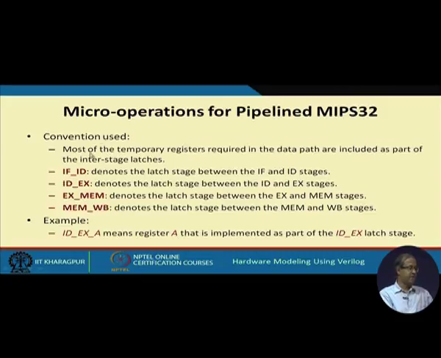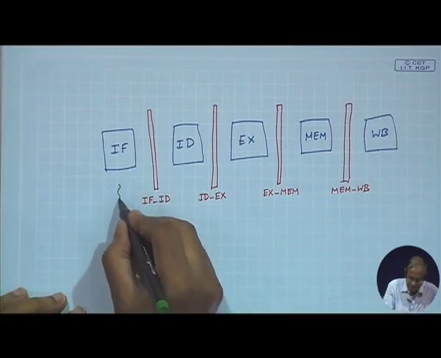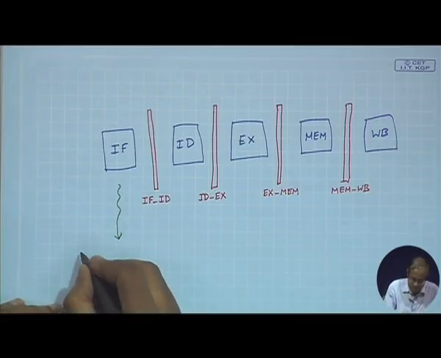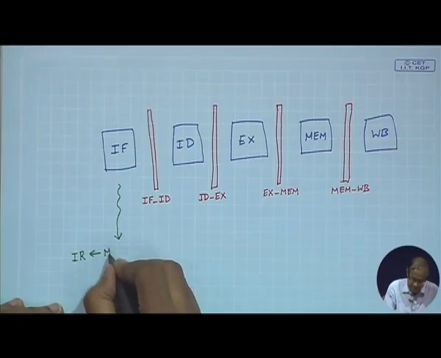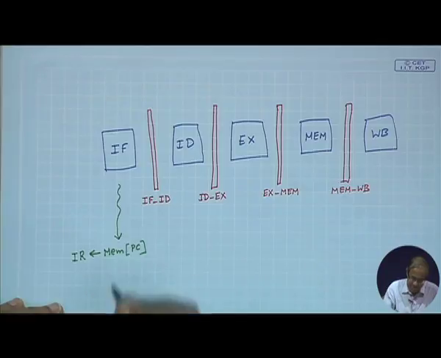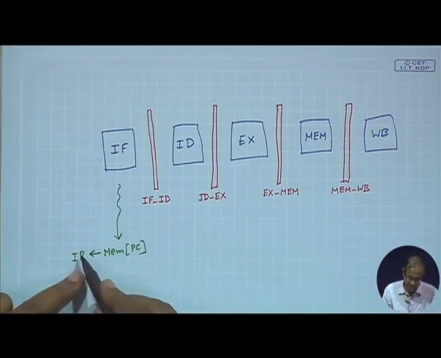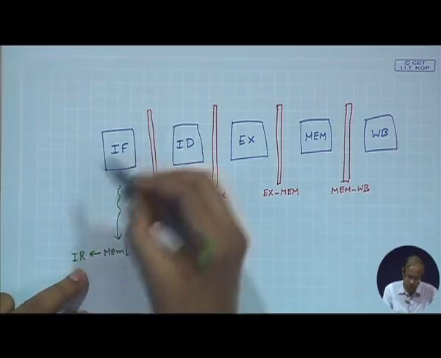And another thing, the temporary registers that we have talked about. Let us take an example. Now, in the IF stage, you recall there was a micro operation which said that instruction register was loaded with the memory location whose address was in PC. So, the data must be stored in some register IR. So, where is IR?